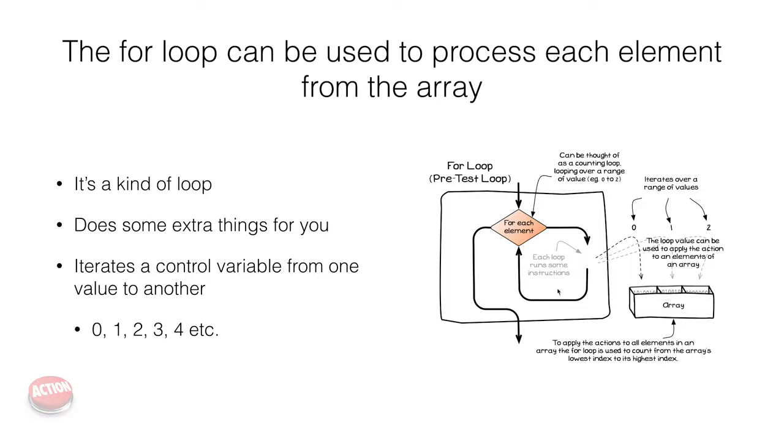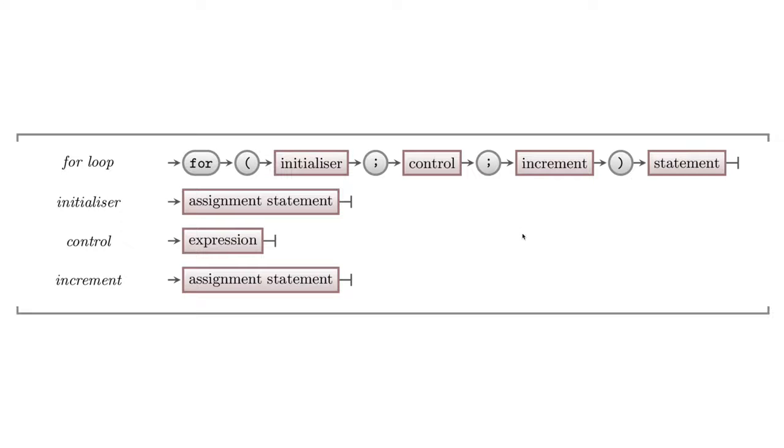It's basically a while loop with a few extra bits added to it, and it's great for controlling a variable which loops over the indexes of an array. Here's the syntax for it. You provide the for loop, you provide the initializing instruction, effectively the condition for the control, so the while part, the increment, what occurs at the end, and then the statement that you want performed.